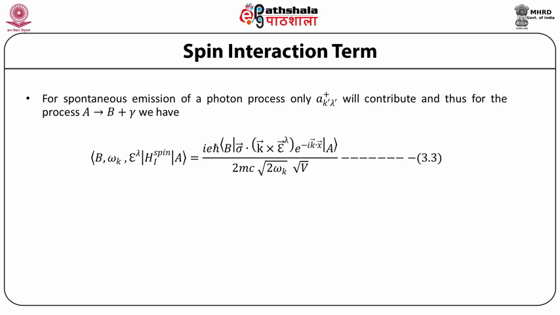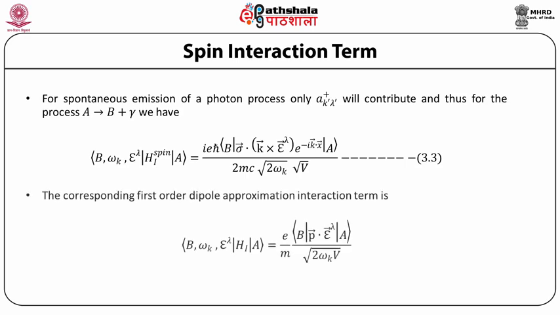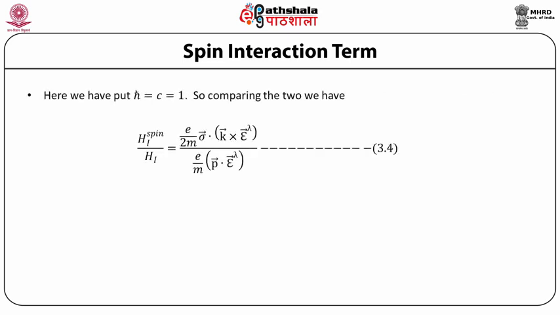So this is equal to i eħ times the matrix element between B and A of sigma vector dot k vector cross epsilon lambda into exponential minus i k vector dot x vector, divided by 2mc square root of 2 omega k and square root of V. The corresponding first order dipole approximation interaction term is the matrix element of H_I between B, omega k epsilon lambda and A, equal to e by m, B p vector dot epsilon lambda and then ket of A, divided by square root of twice omega k V. Here we have put ħ and c equal to 1.